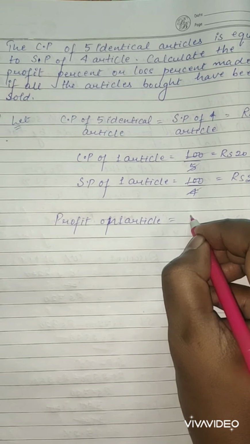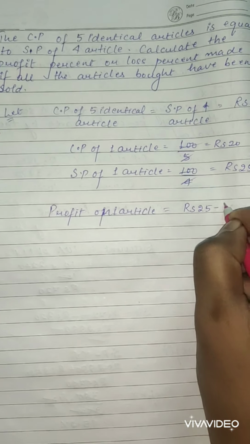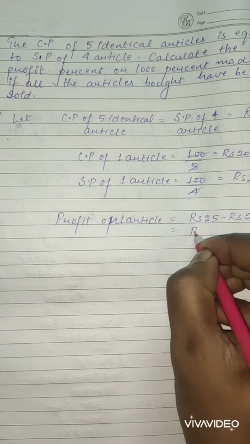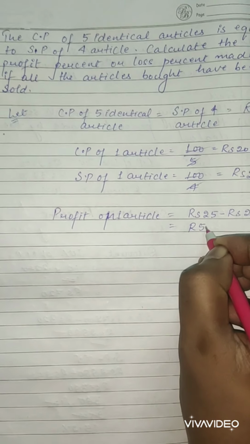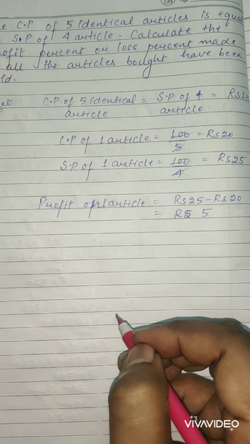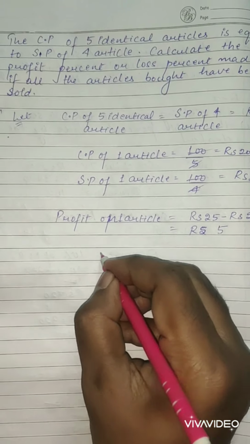So this will be rupees 25, meaning selling price minus the cost price. So you have got rupees 5. I hope it is clear. Now the profit percent.